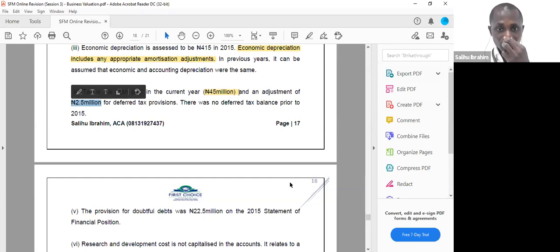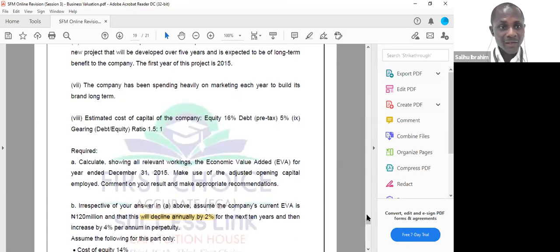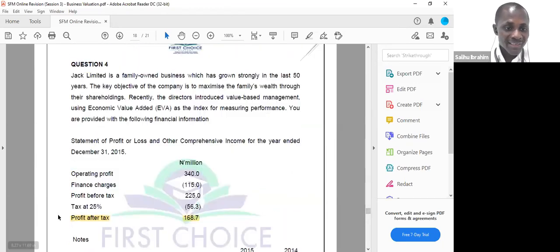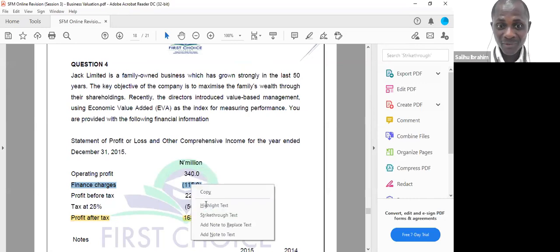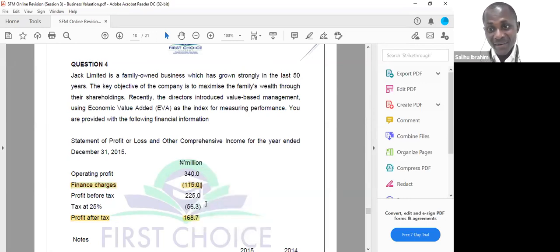Now, let us continue. The next adjustment I need to make is the finance charge. Don't forget, on this 115 million, I did not pay tax, because I deducted it before computing my tax.